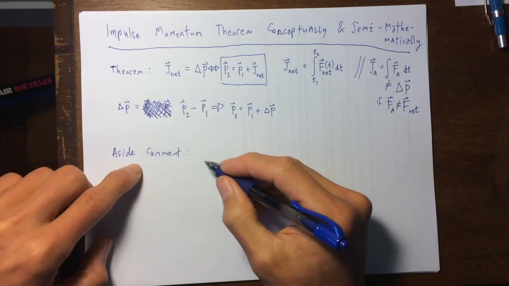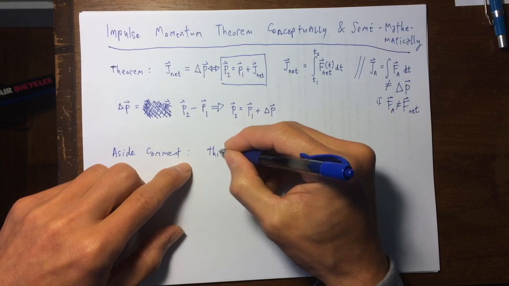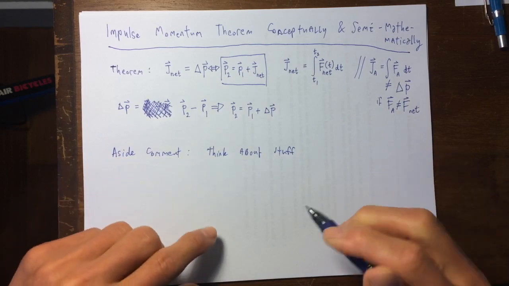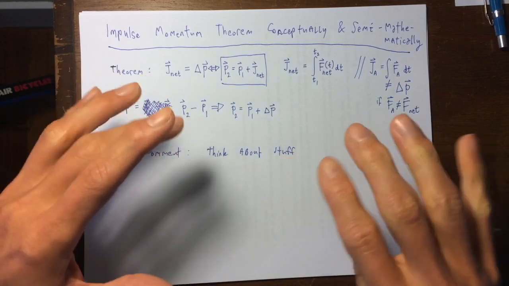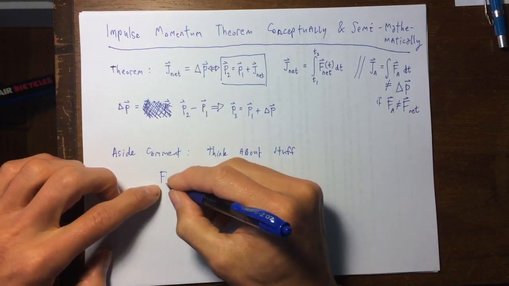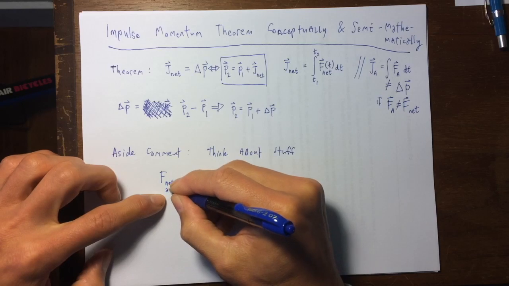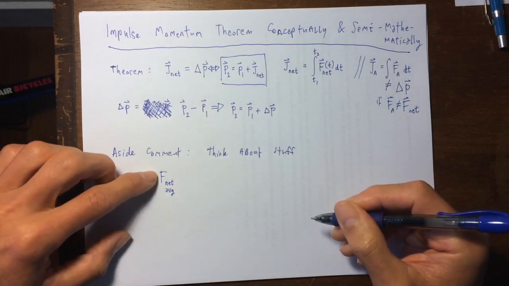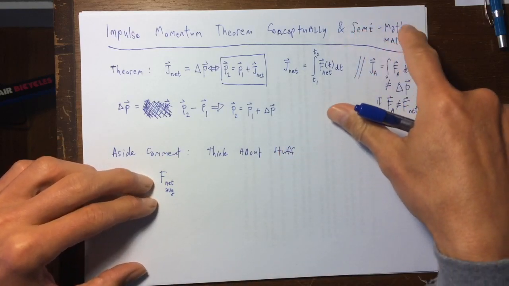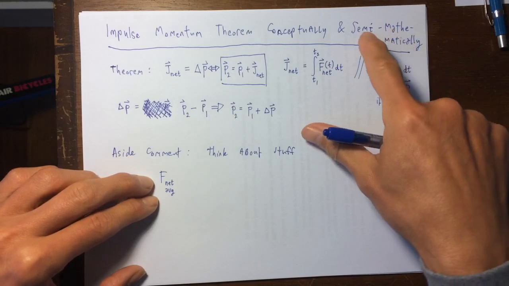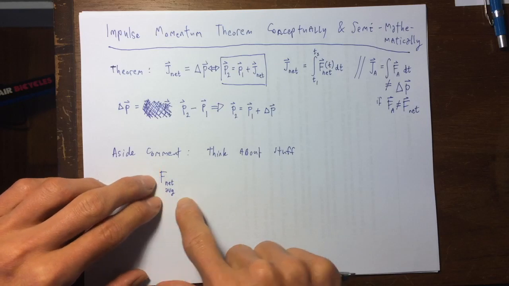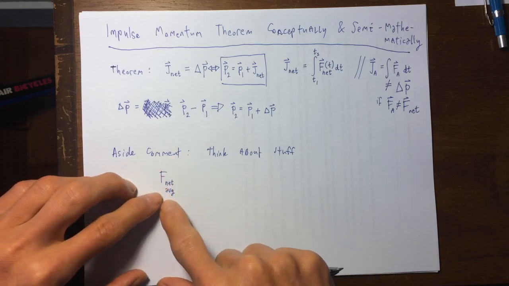So in order to think about stuff and kind of be hand-wavy about things, it's helpful to define what's called the net average force. And notice that I'm going to drop the vector symbol. This is just us thinking. It's kind of a semi-mathematical way of thinking, but it's very physicsy. So there is some sense of an average value of the force.